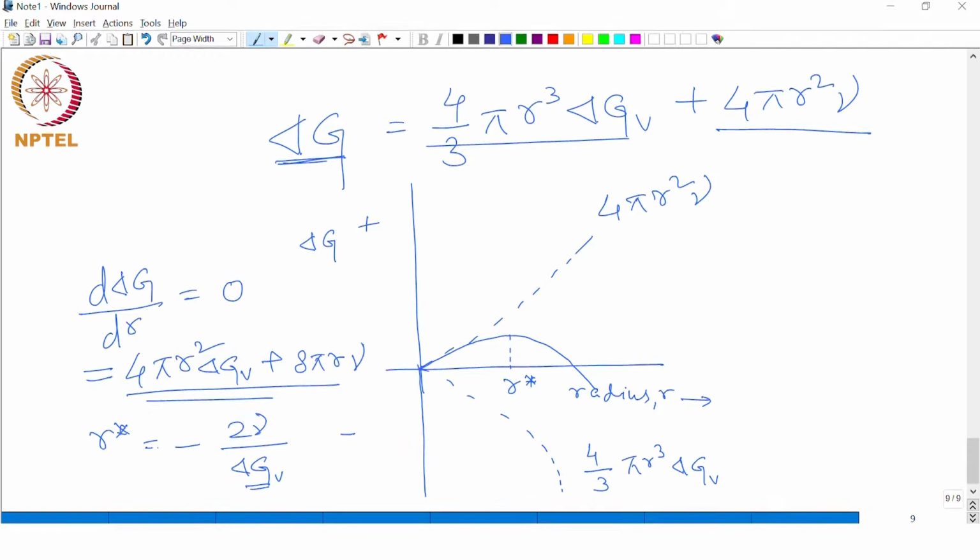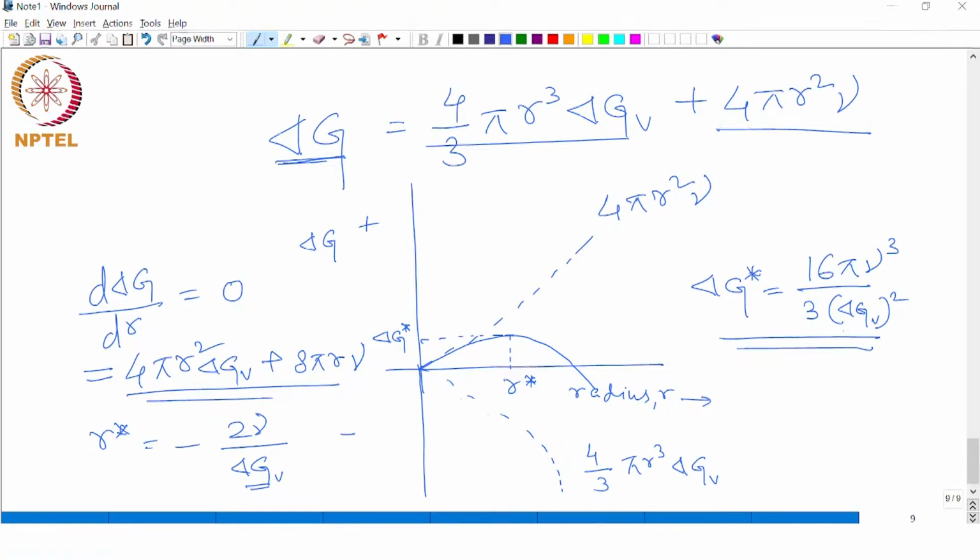and similarly the corresponding delta G value will be given as this.